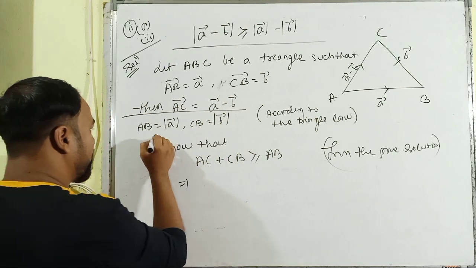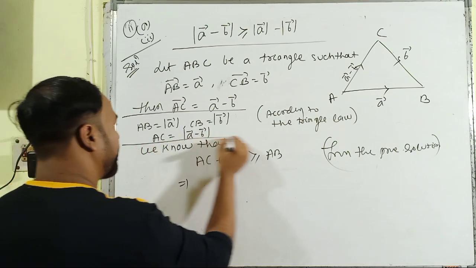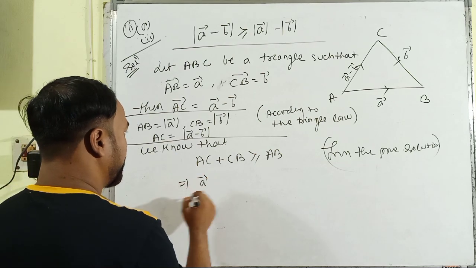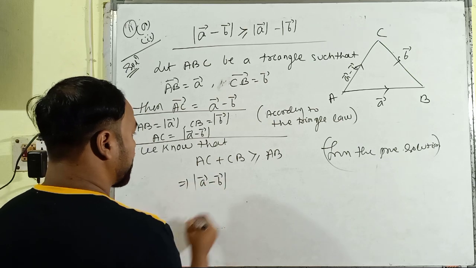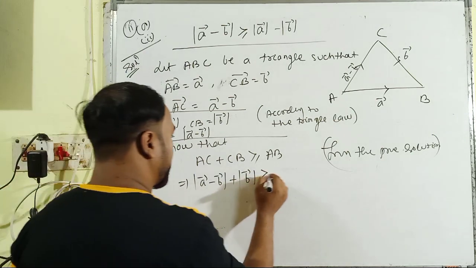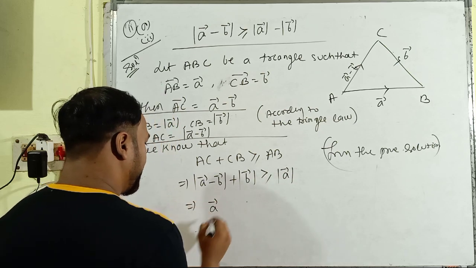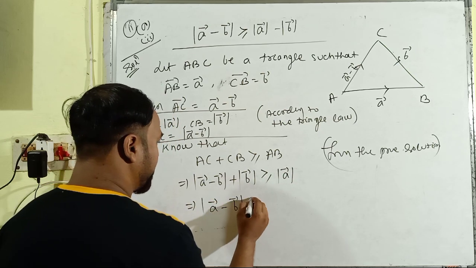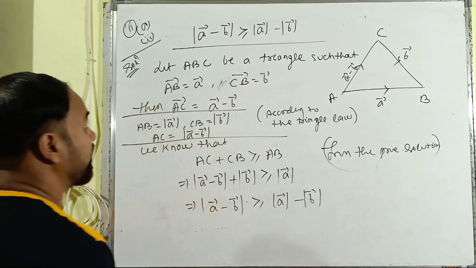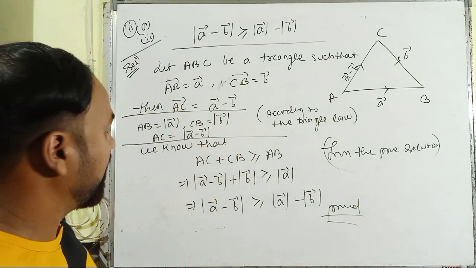Similarly, AC is equal to the magnitude of A vector minus B vector. In place of AC, you can put the magnitude of A vector minus B vector plus CB. In place of CB, you can write the magnitude of B vector, greater than or equal to the magnitude of A vector in place of AB. Similarly, the magnitude of A vector minus B vector is greater than or equal to the magnitude of A vector minus the magnitude of B vector. And here it is the proof of the second bit of question 11a.